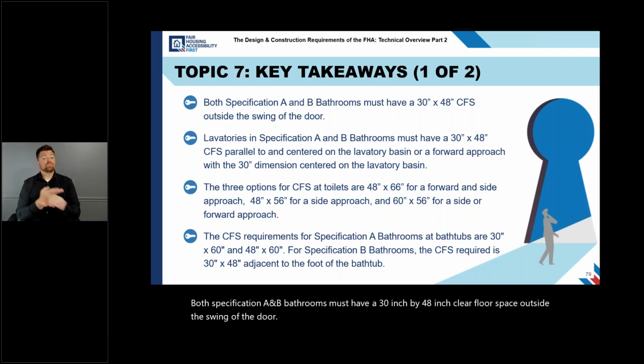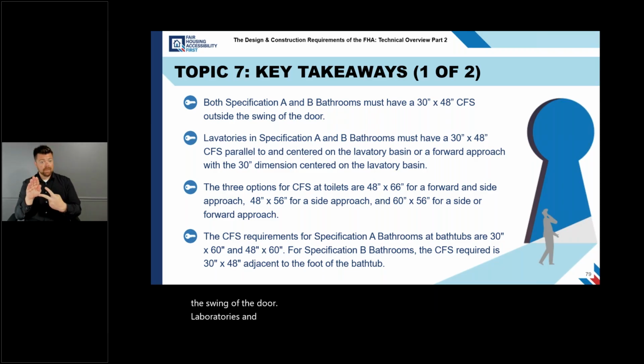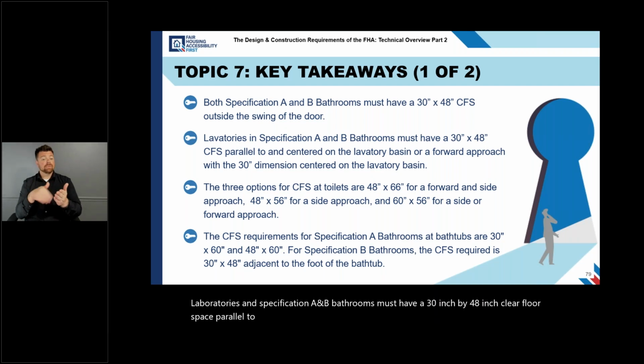Lavatories in specification A and B bathrooms must have a 30-inch by 48-inch clear floor space parallel to and centered on the lavatory basin or approach with the 30-inch dimension centered on the lavatory basin.